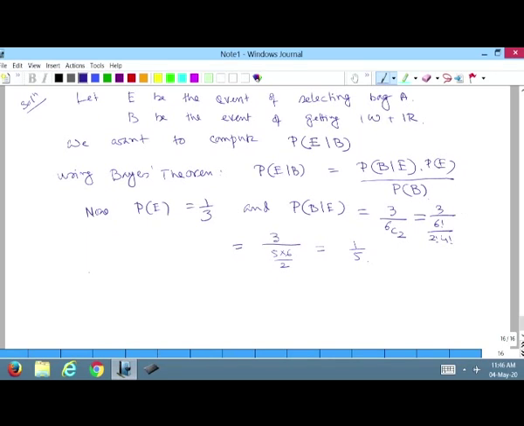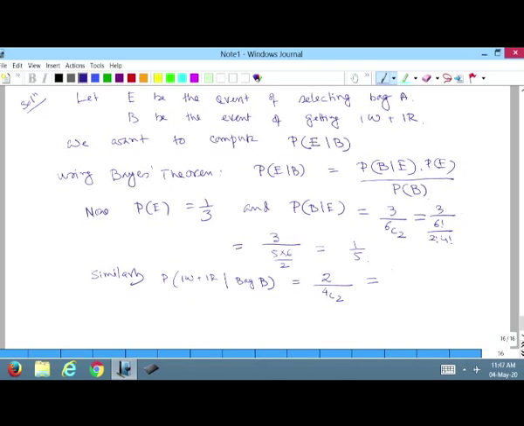Similarly, the probability of 1 white and 1 red ball given bag B is chosen: now bag B has 4 balls, out of which we can choose one white and one red in 2 different ways, and 2 balls can be chosen in 4C2.